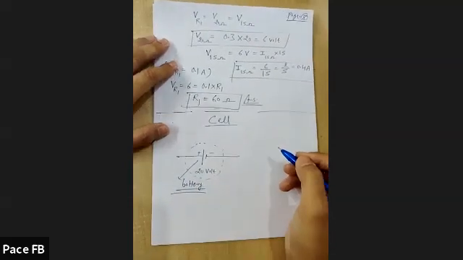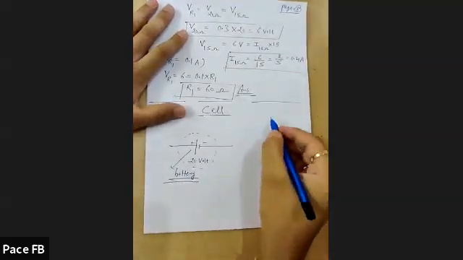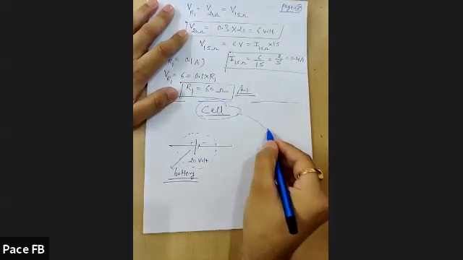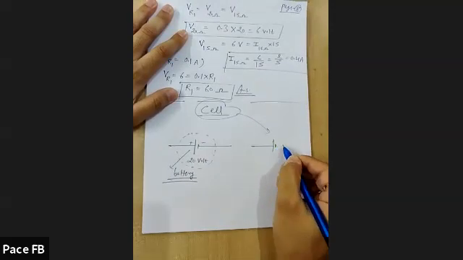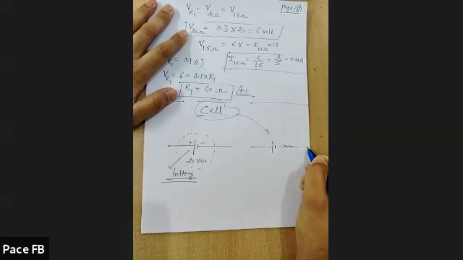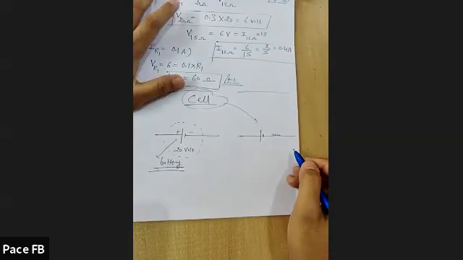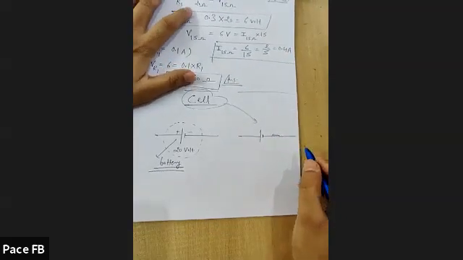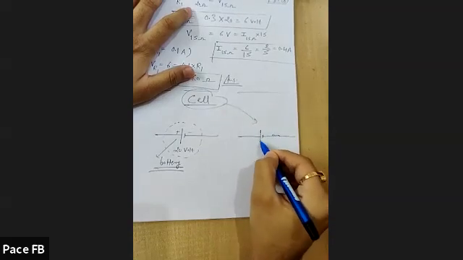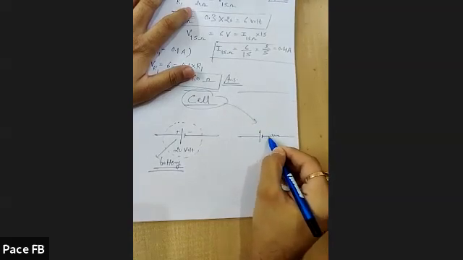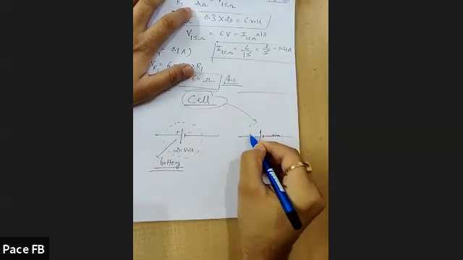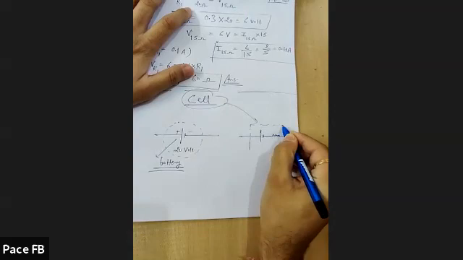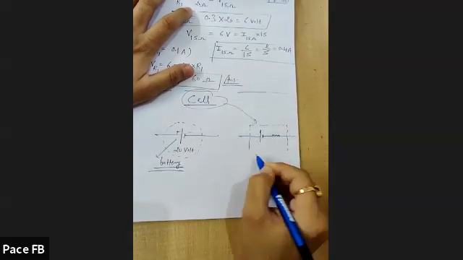Now what is a cell? A cell would have this kind of structure. There would be one terminal and one resistor, which is known as the internal resistor. So a cell has one EMF and one internal resistance.